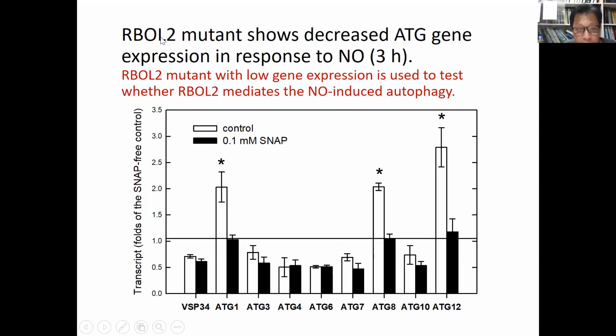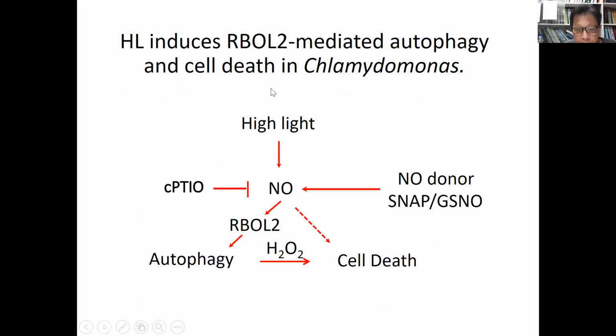We use SNAP to treat the RBOH2 mutant, and we find that the RBOH2 mutant shows very low ATG gene expression in response to NO. So this indicates that RBOH2 may mediate the NO-induced autophagy activation in Chlamydomonas.